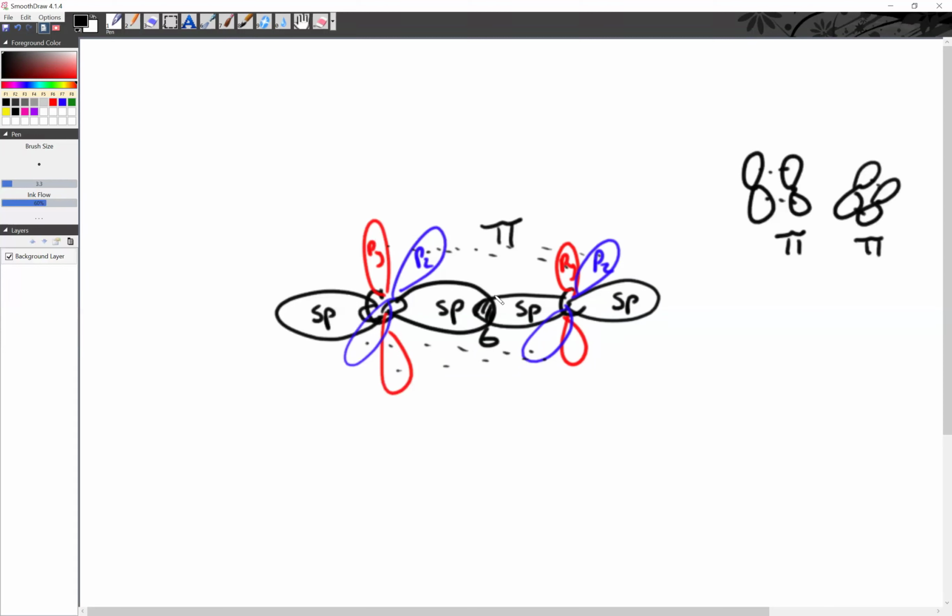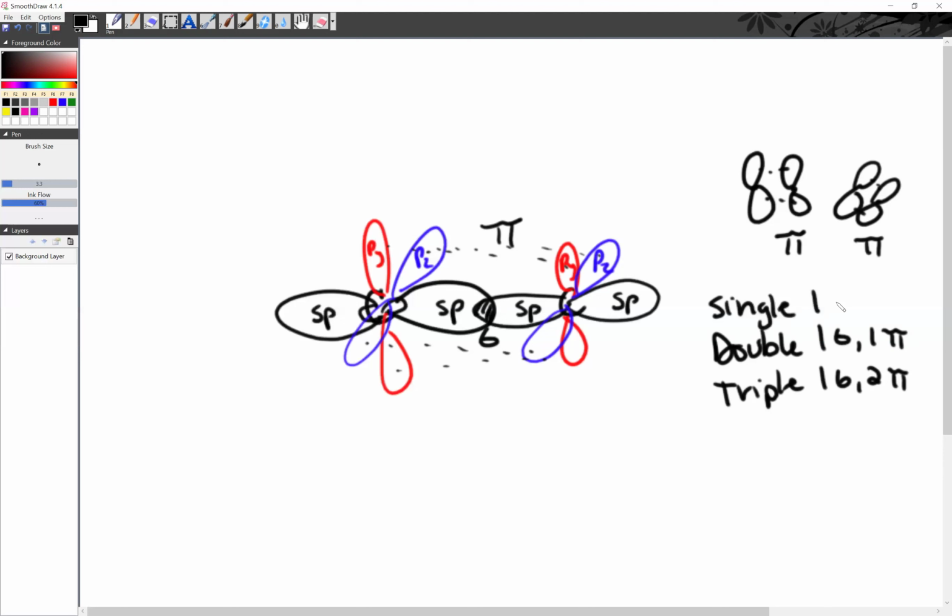And then this one would be a true overlap. So a double bond is made of one sigma and one pi. A triple is made of one sigma and two pi's. And then, of course, a single is just sigmas.